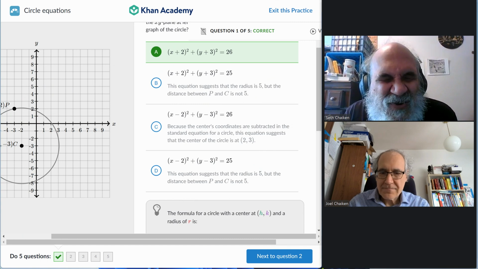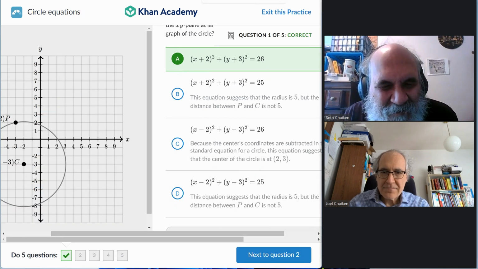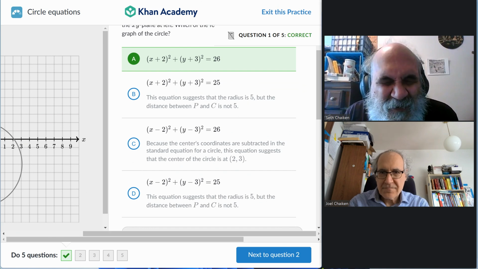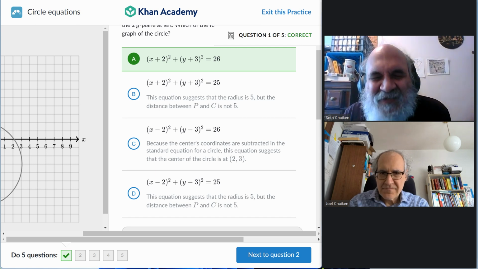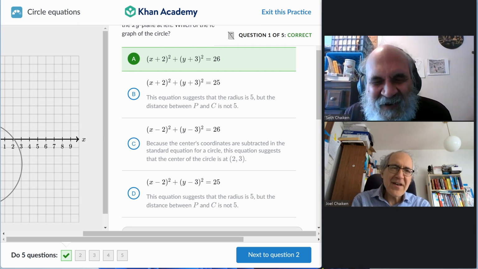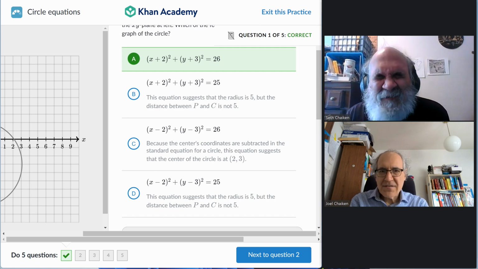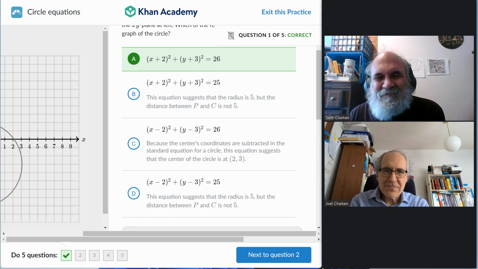Well, equation D should also be ruled out for the same reason as C. Equation D is for a circle whose center is different from the given circle, and whose radius is different from the radius of the given circle. Right, true.